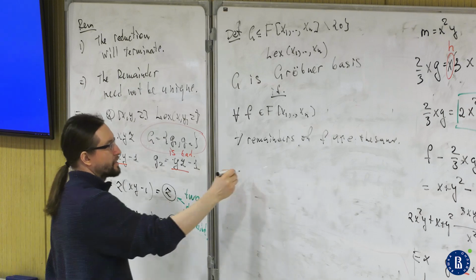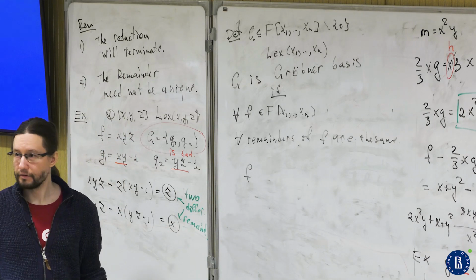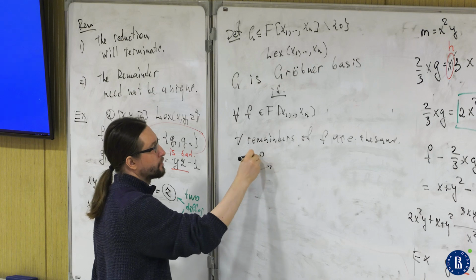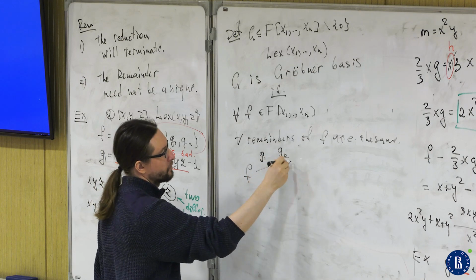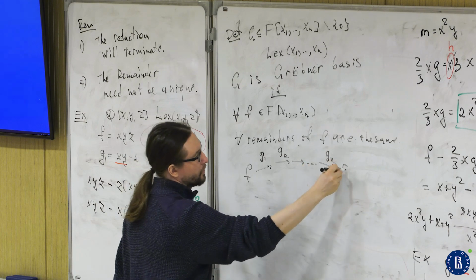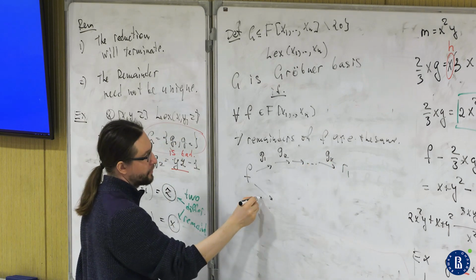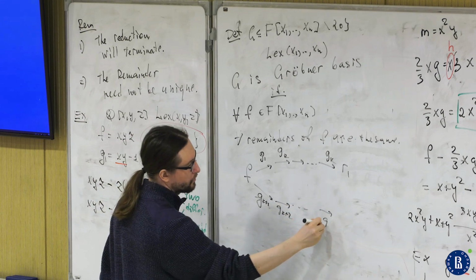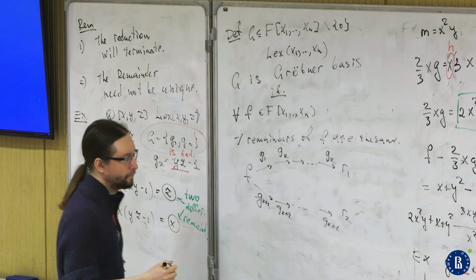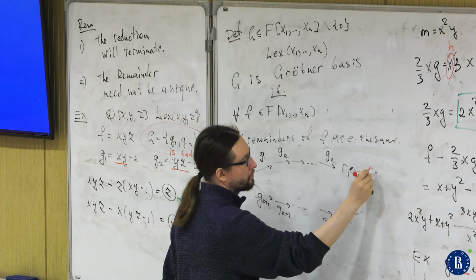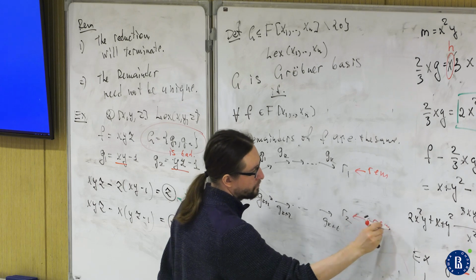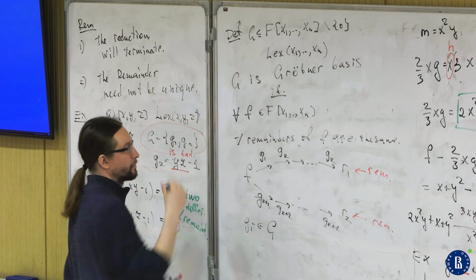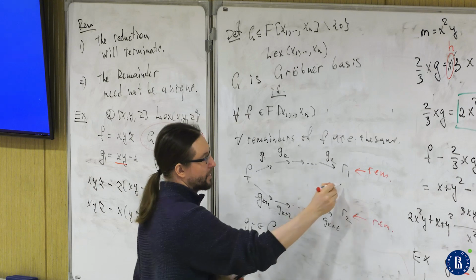What does it mean exactly? It means that if you have any polynomial f, like absolutely arbitrary polynomial from this ring, and you take a sequence of elementary reductions leading to one remainder, and another sequence of elementary reductions leading to another remainder, and all of these polynomials gi are from the set G, then these two remainders must be the same.